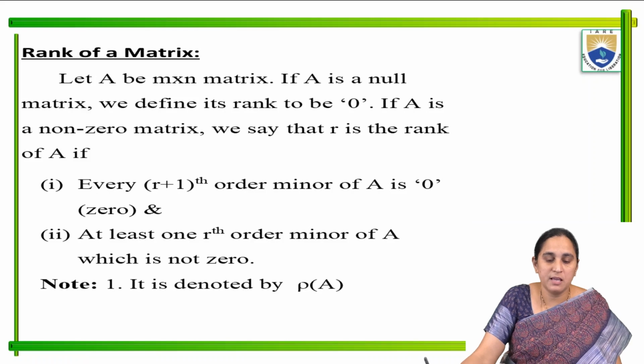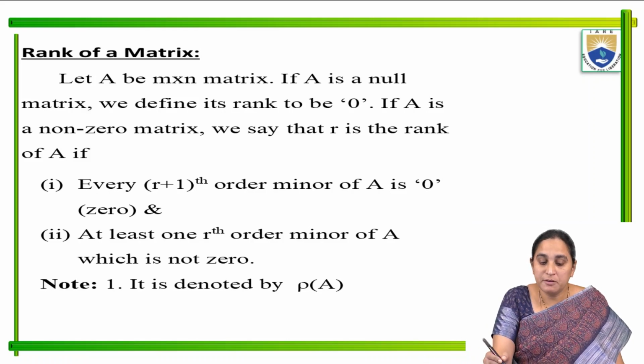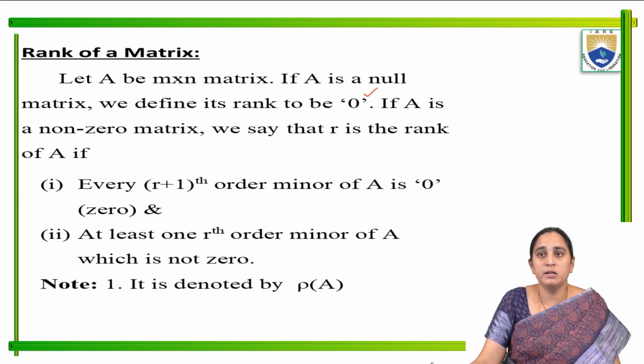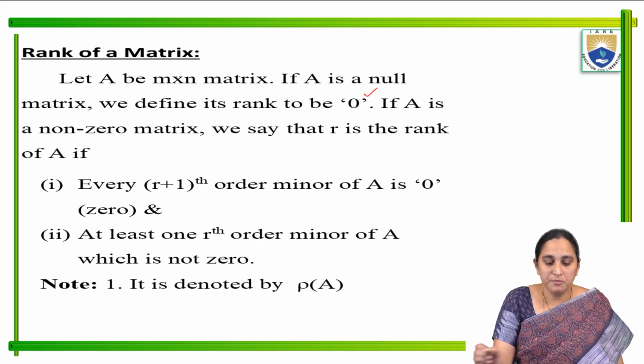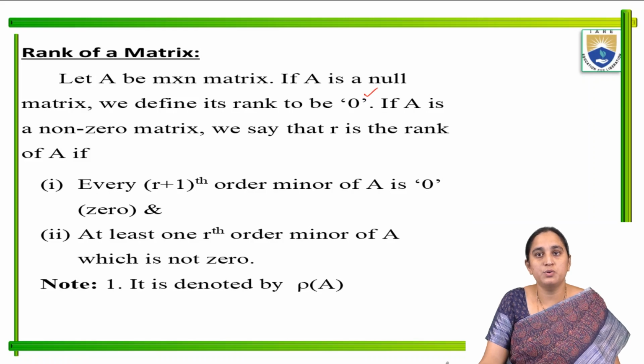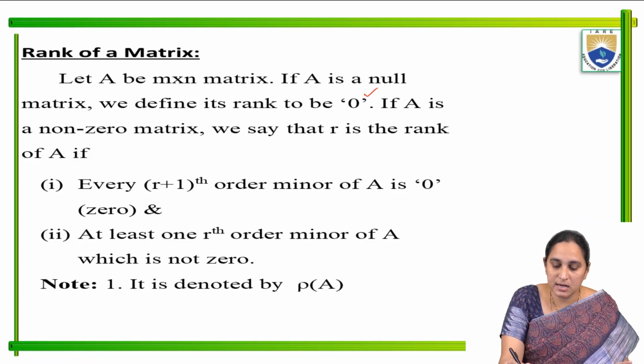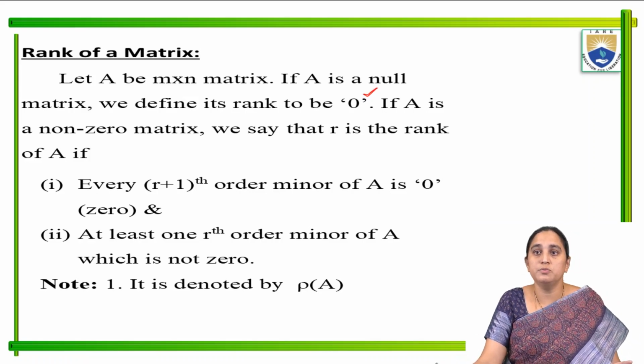If the matrix A is null, then directly the rank is 0. If A is a non-zero matrix, we say that small r is the rank of A.